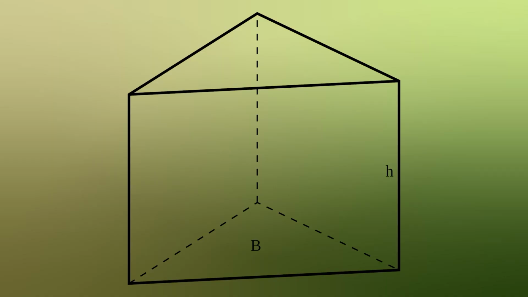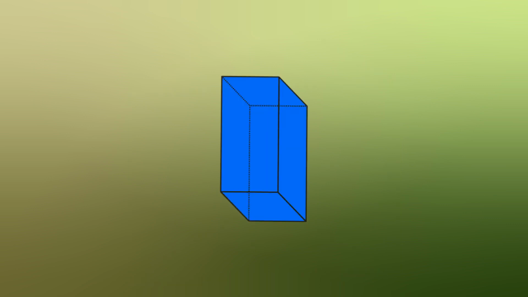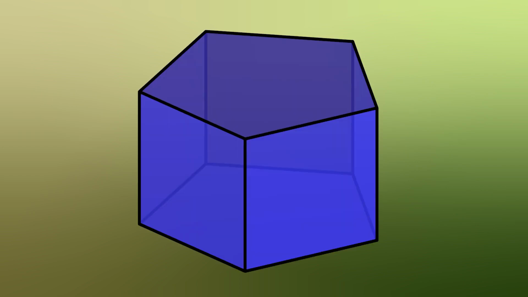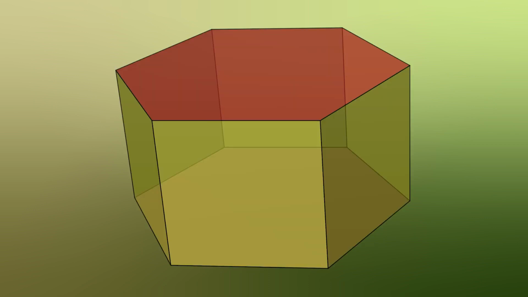So for example, a prism having a triangular base is called a triangular prism. A prism having a square base is called a square prism, and so on. So we can say a prism having a pentagonal base is called a pentagonal prism, and the one having a hexagonal base is called a hexagonal prism.